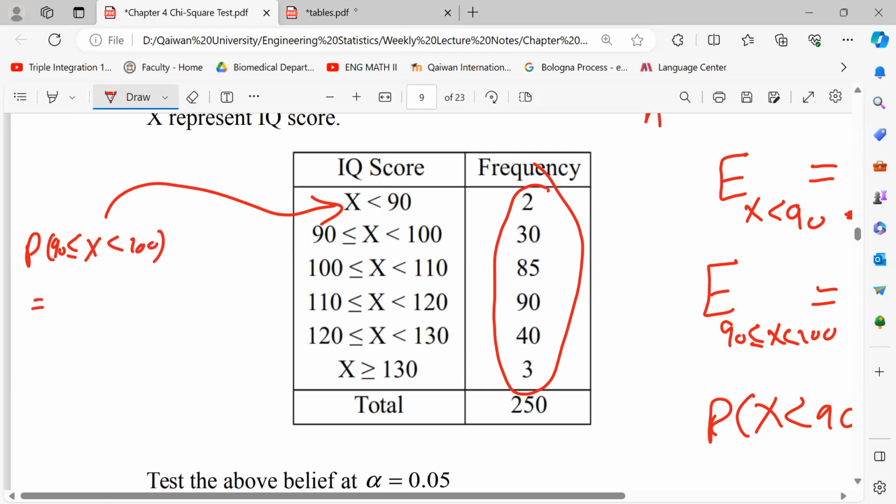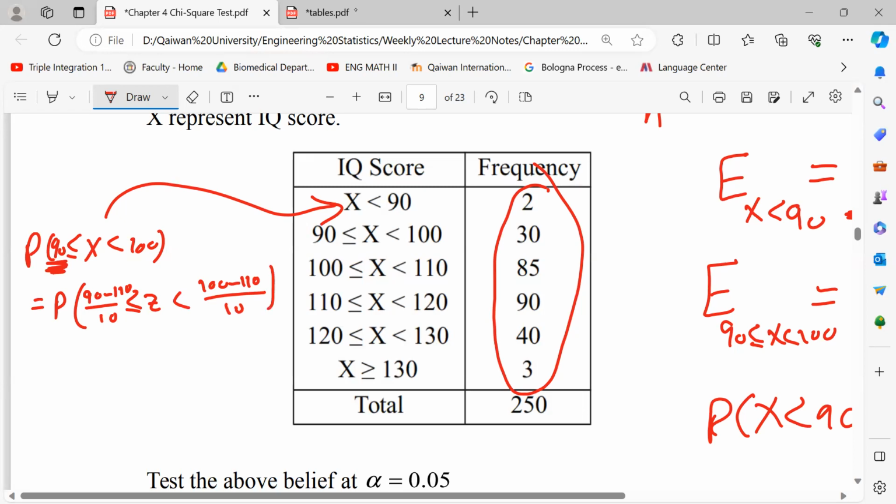This equals the probability of Z being greater than or equal to (90 minus 110) over 10, and less than (100 minus 110) over 10.